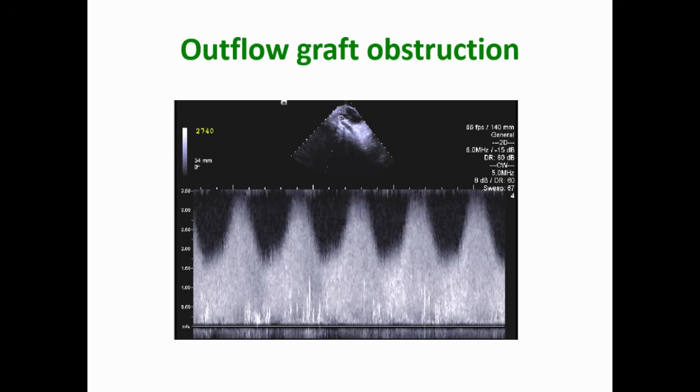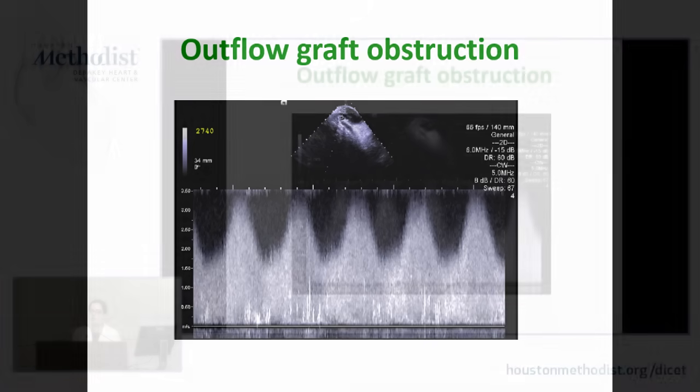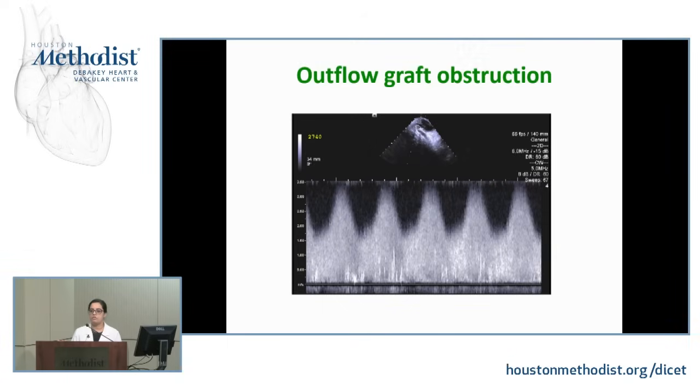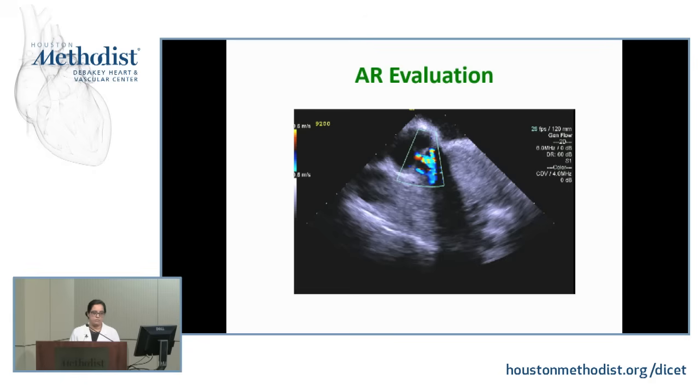So we investigated that further, and we took this patient to the cath lab, and we put a pressure catheter through the outflow graft, and we looked at the pressure difference between the outflow graft and the aorta, and sure enough, there was a big gradient. So we did think about putting a stent in, and that's something that we do consider for some of our patients who do not have effective unloading despite all our measures. So if you have ineffective unloading, you have to think about some of those things.